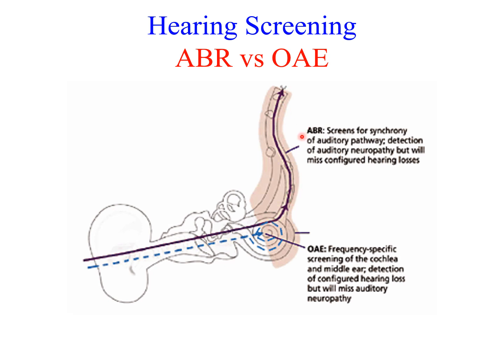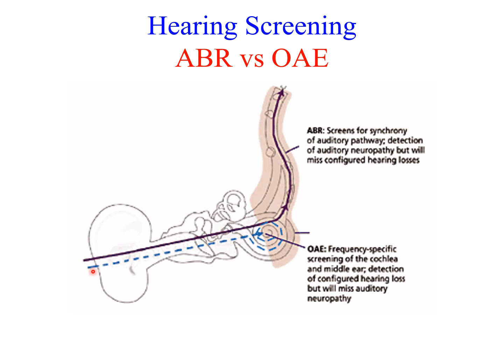So ABR is a screening for neurosynchrony of the auditory pathway. And it is able to detect auditory neuropathy. However, ABR will miss special audiometric configurations, and ABR is only good for the 2 to 4,000 Hz range only.